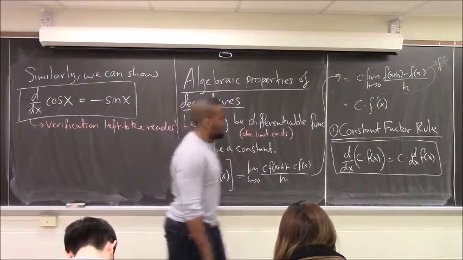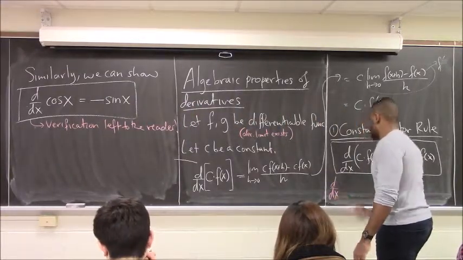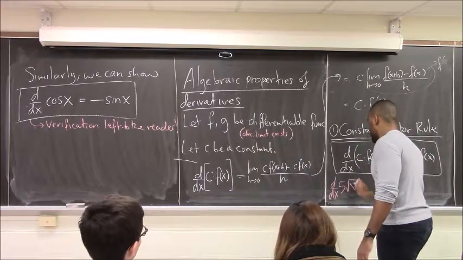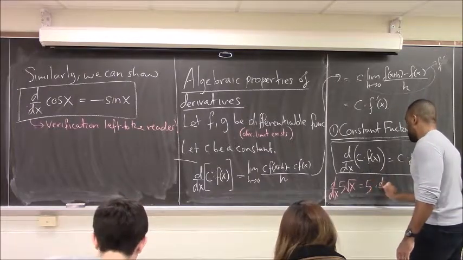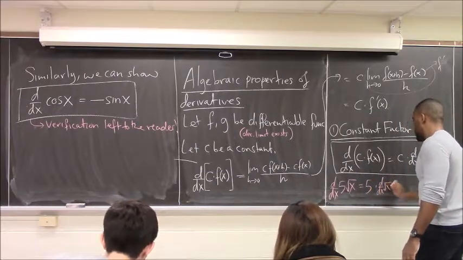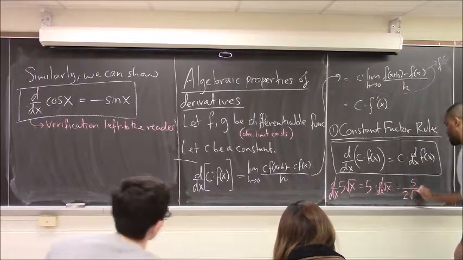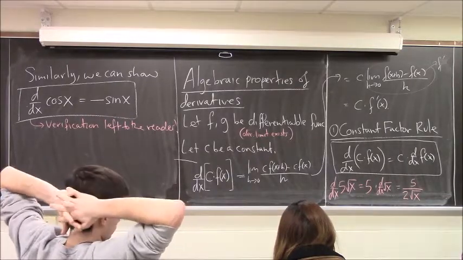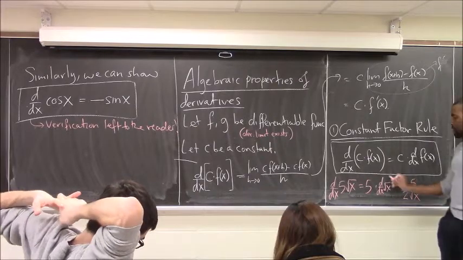So in other words, if I have the derivative of any of those guys that we looked at before, so like 5 square root of x, well that's just going to be 5 times the derivative of the square root of x, which is just going to be 5 divided by 2 radical x, for example. You kind of just leave the constant alone and multiply it after you take the derivative. And even this step, you don't really have to write this step.